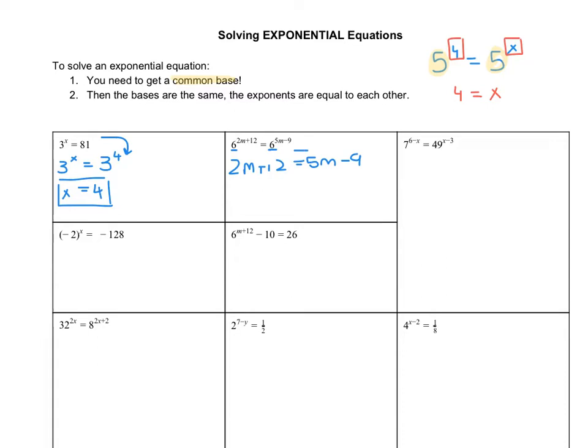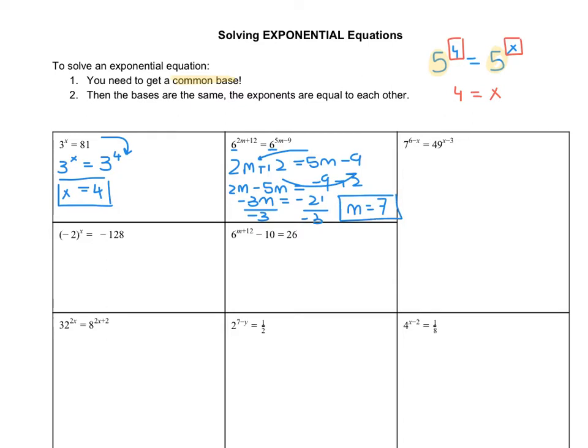I'm going to bring my m's to one side and the constants to the other, so that I have 2m minus 5m equals negative 9 minus 12. When I clean that up, I get negative 3m equals negative 21, and then divide both sides by negative 3. And when I do that, m is equal to 7.